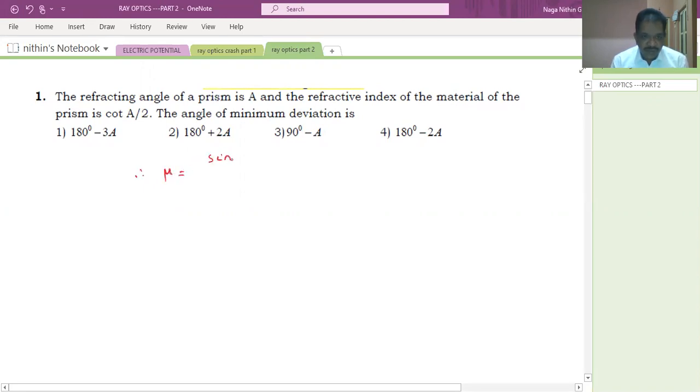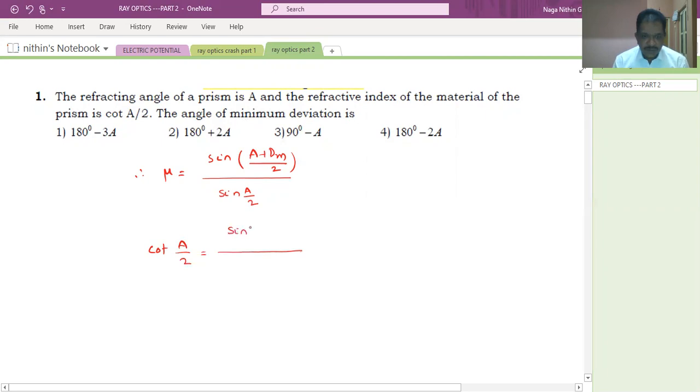Sine of A plus dm by 2 by sine A by 2. This is the formula for refractive index. Refracting angle A only they gave. Refractive index they gave cot A by 2. So mu value is cot A by 2.